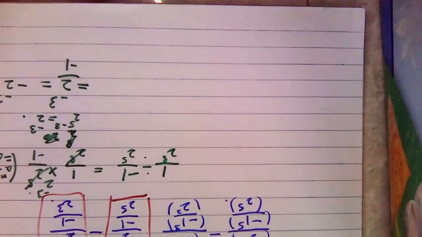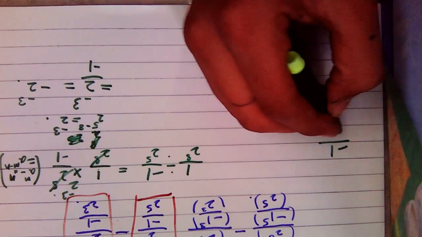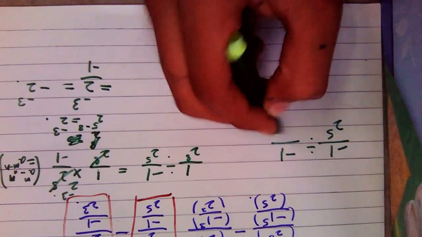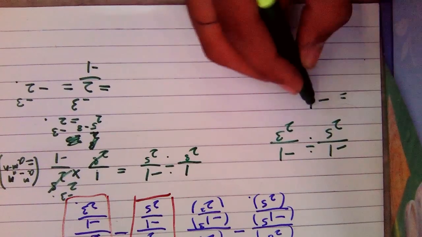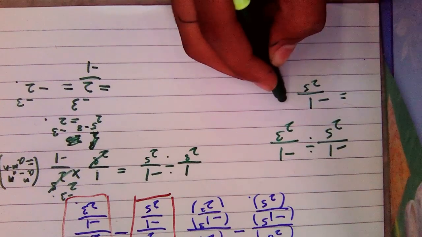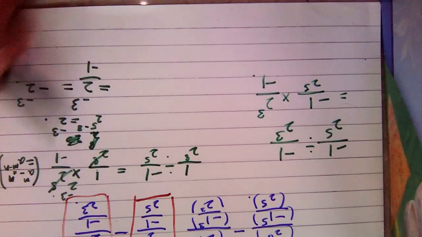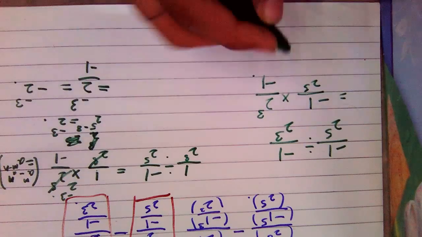Let's do it. Again, minus 1 by 2 to the power of 5 divided by minus 1 by 2 to the power of 3, and again minus 1 by 2 to the power of 5 into 2 to the power of 3 minus 1. I'm just repeating all the steps which we followed again in this stage.